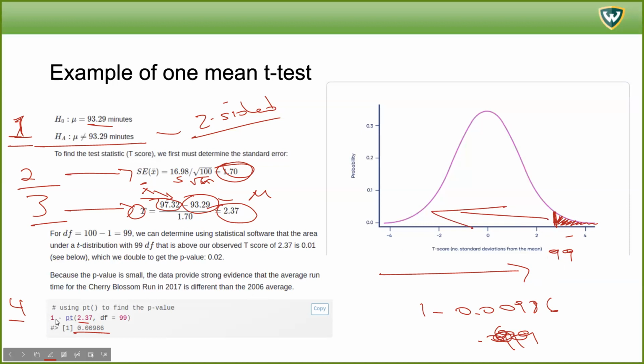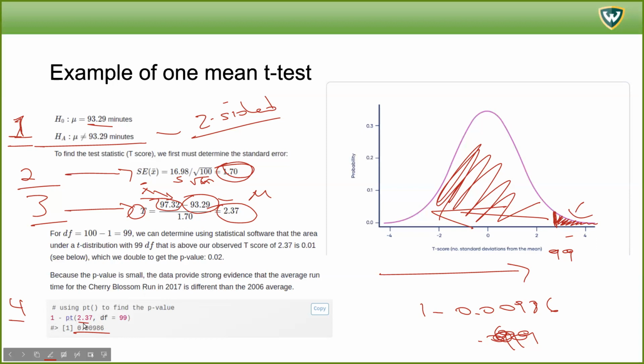So this is why we need this one minus here, because what the pt function is counting is this whole area over here, and actually what we want is only this area over here. The standard rule is: if your t-score is positive and you're putting it into the pt function, you need to subtract it from 1 to get the actual p-value the way we use it.